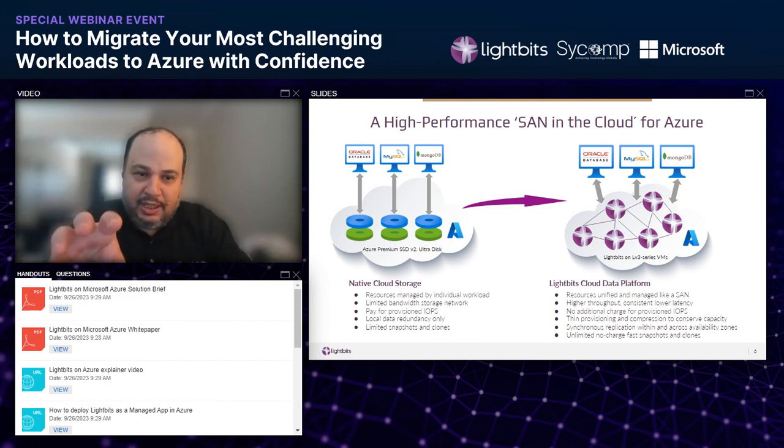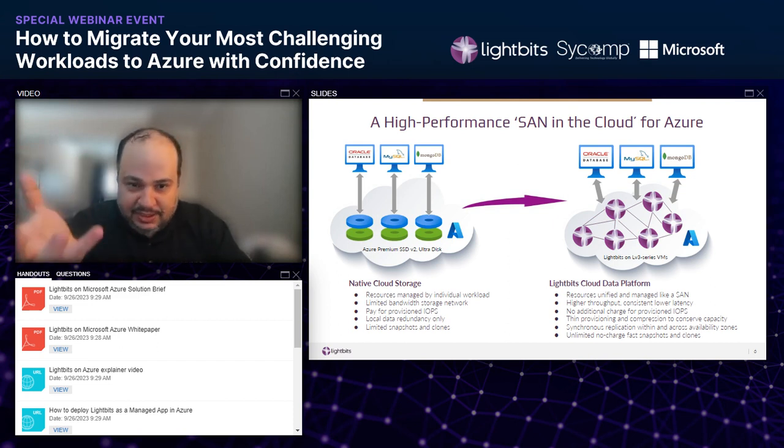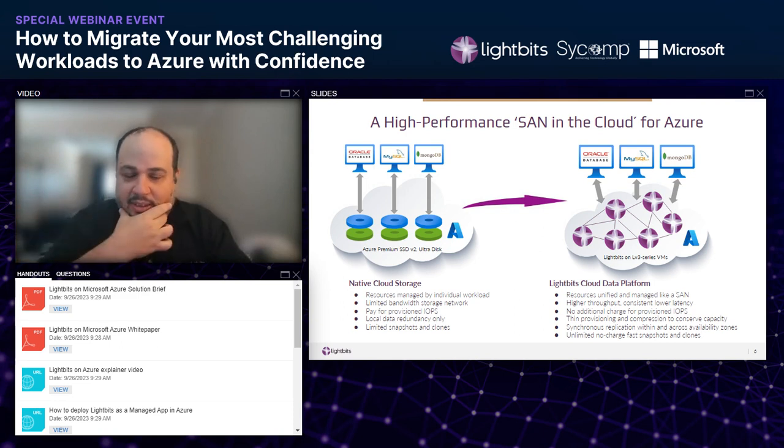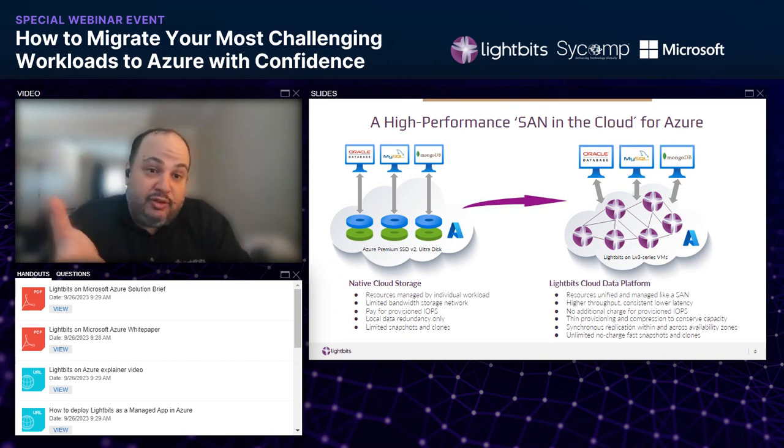So each of your applications needs to be aware of the limitations of that specific volume, the performance requirements. If you have specific requirements for IOPS throughput, you also need to consider the cost for the provisioned IOPS, the provisioned throughput. You also need to consider the protection levels that you need. And of course, if you need snapshots, clones, how often you are going to take such snapshots, because you are going to pay for that.